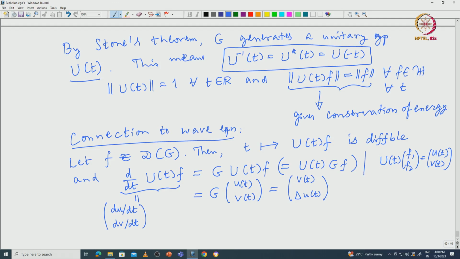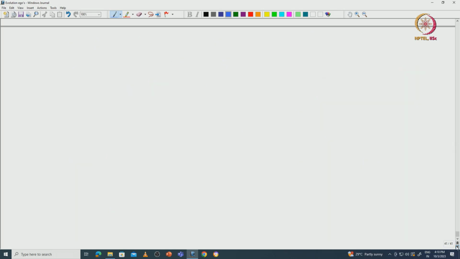Okay. So, now you just equate the respective components. So you immediately see that V is equal to Ut, and Vt is equal to Laplacian u, and that of course implies Utt equals Laplacian u.